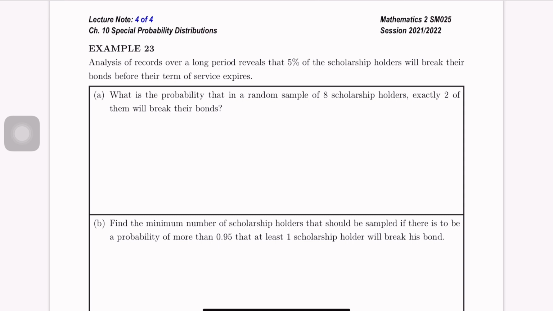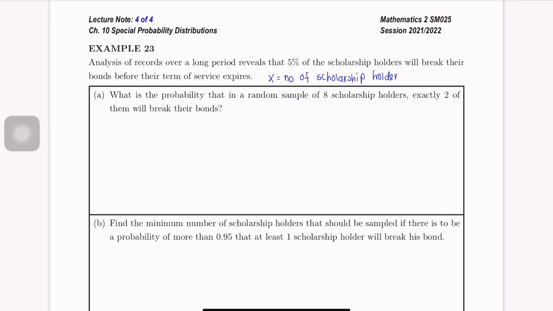So we have x equals the number of scholarship holders who will break their bonds. Okay, so now we are dealing with number of people, or in Bahasa Melayu, pemegang biasiswa. So of course, a person, a people. So it is suitable to use binomial because this is a discrete random variable.